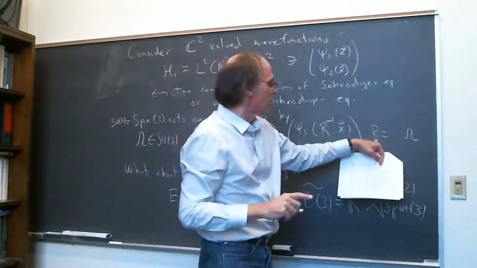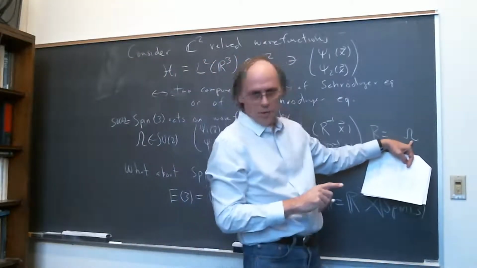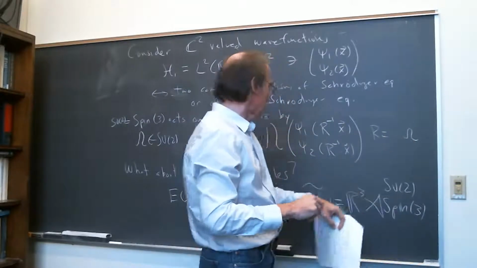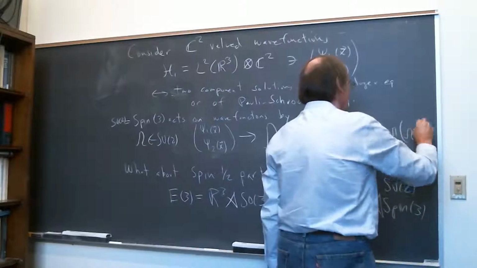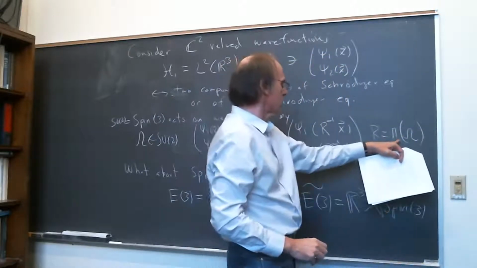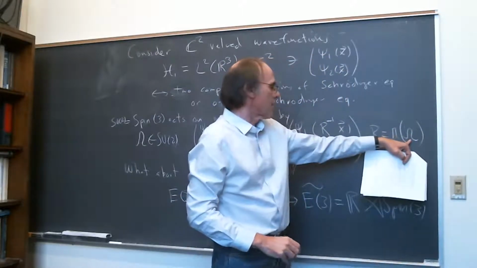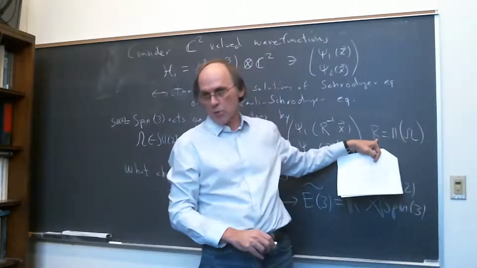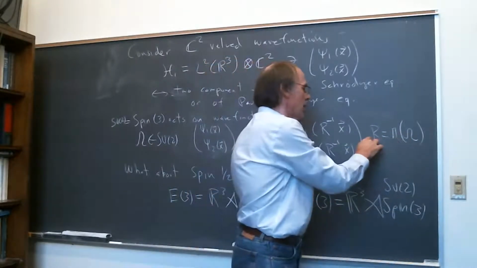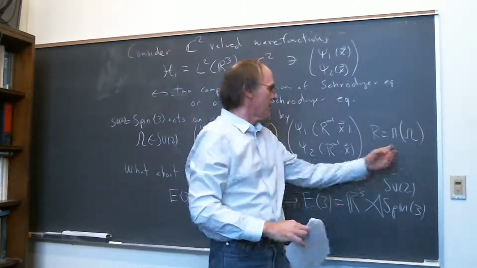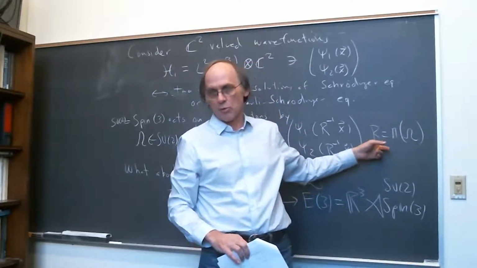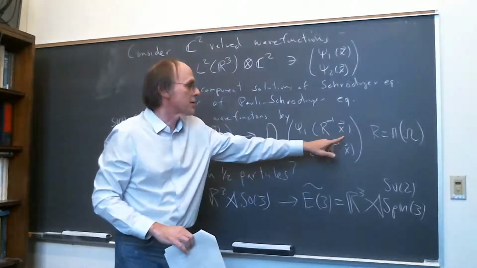So you want an SO3 element that corresponds to omega. Each of these guys, there are two of these corresponding to each one of these. So this is just the corresponding rotation, and you're going to have this guy or minus this guy give the same actual rotation in three-dimensional space.